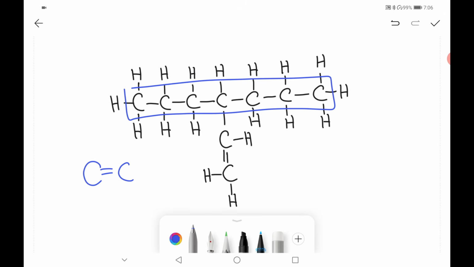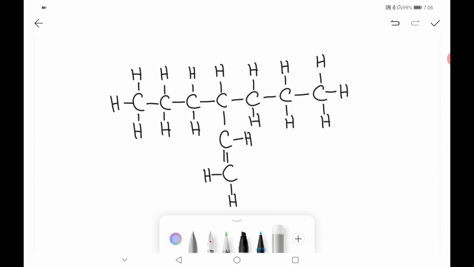So in this case, you should choose this one or this one. Although these two only have 6 carbon, the double bond is inside the backbone.